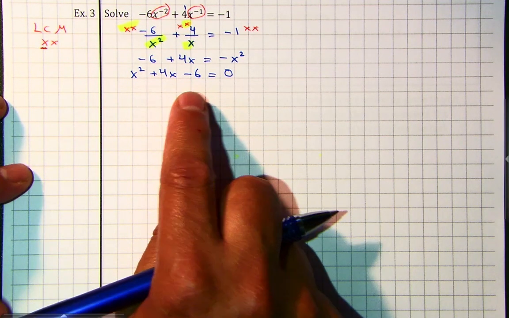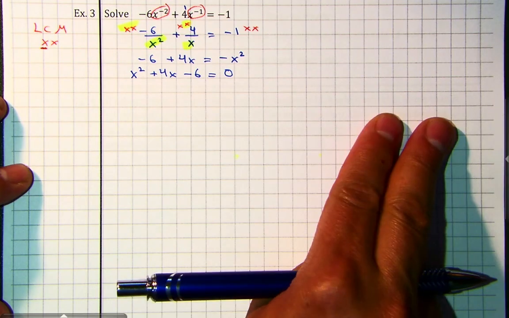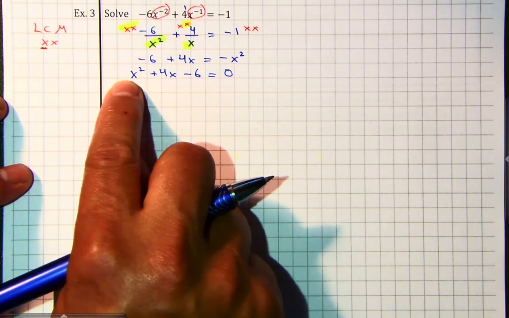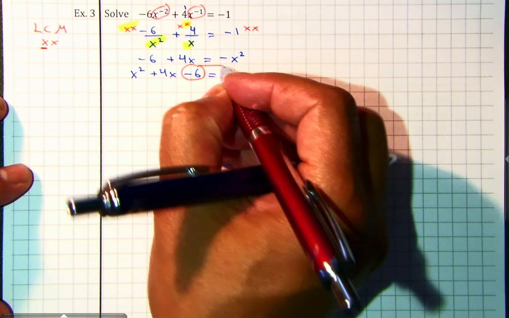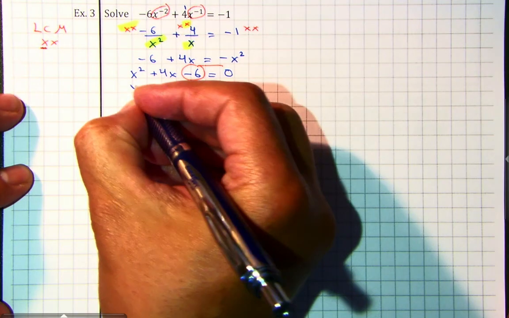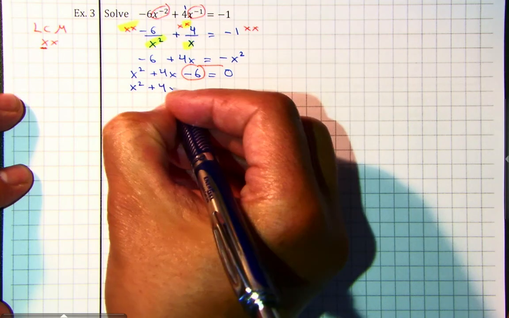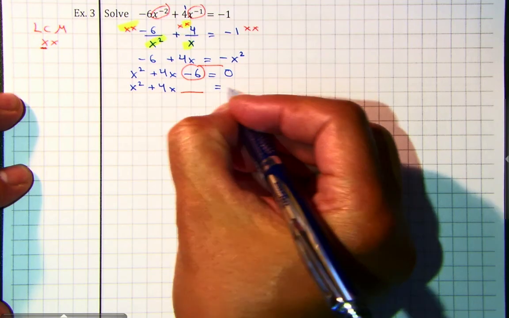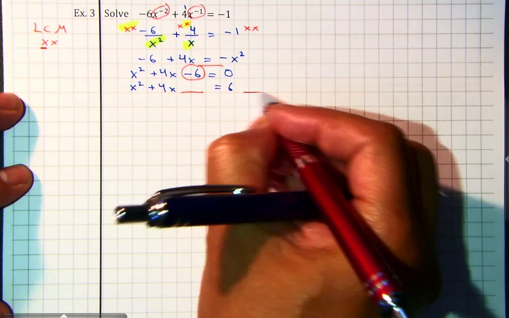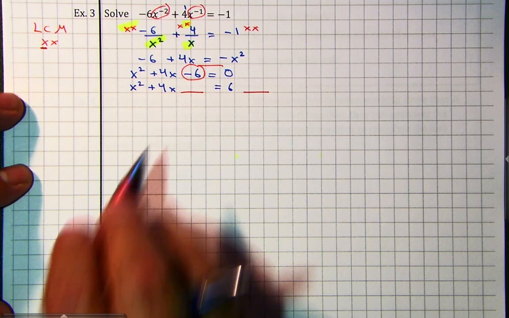So either I can complete the square or use the quadratic formula. We have a leading coefficient of 1, and that's even, so therefore I'm going to complete the square. Move the 6 to the right, we can say positive 6, x squared plus 4x, leave some space, 6, and complete my square. One number goes in here.